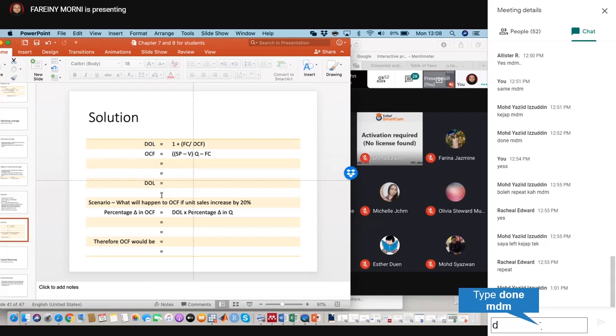Okay. So the next one, financial break even. So for financial break even, what is the OCF if NPV is equal to 0? So NPV is equal to 0 if the initial outlay minus the present value cash flow, PVCF, is equal to 0. So initial outlay is 3.5 million minus present value cash flow.